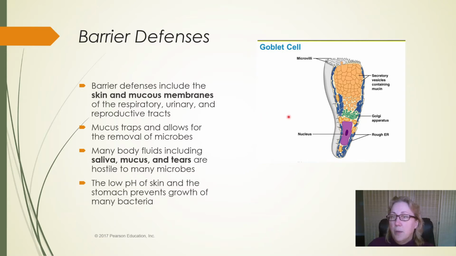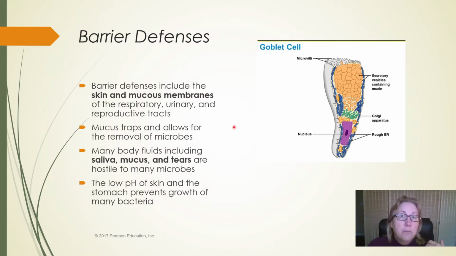Mucus is a protein mixed with water. The protein is mucin, and when mixed with water, it forms a sticky substance that can just physically trap bacteria and fungal spores that end up in your respiratory system and in your digestive system.